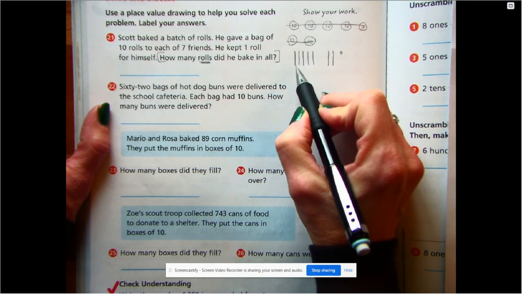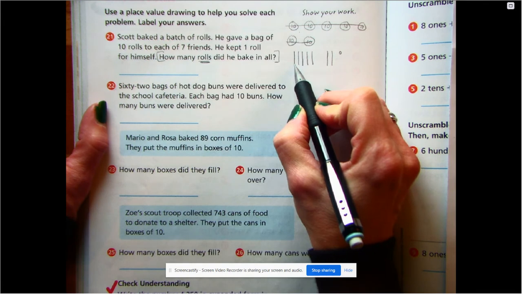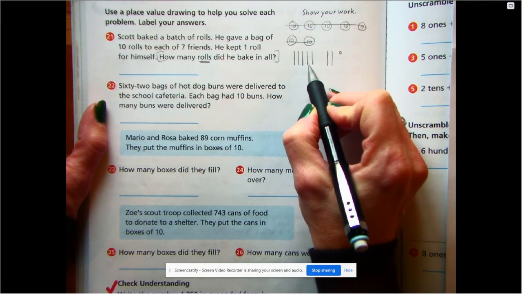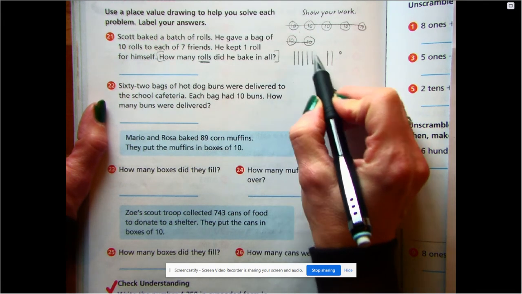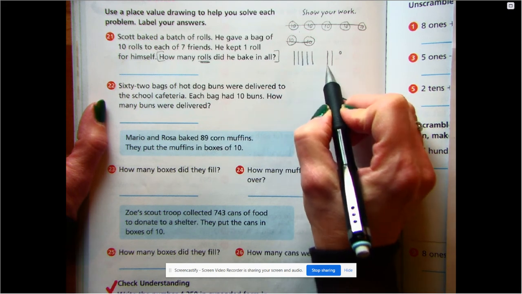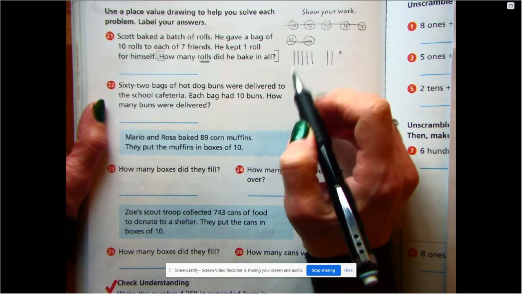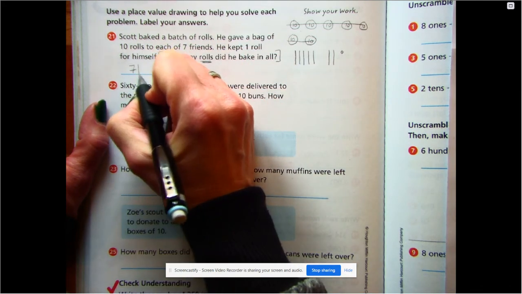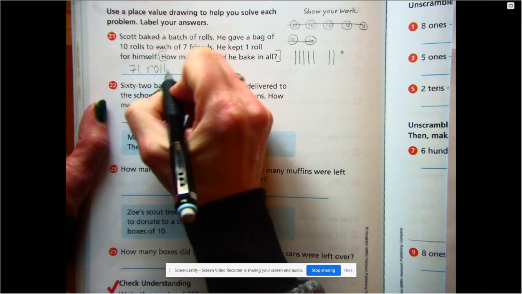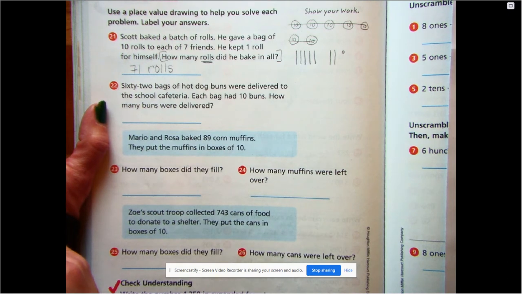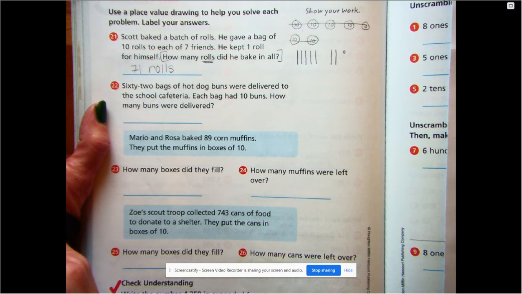So how many all together? 10, 20, 30, 40, 50. We know that because we grouped them together. 60, 70, and one more is 71 rolls.